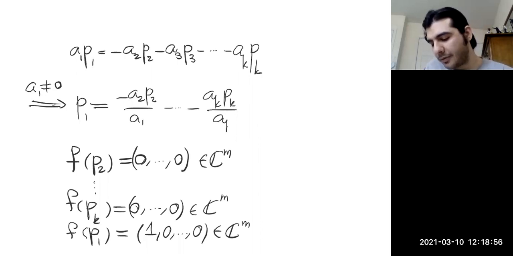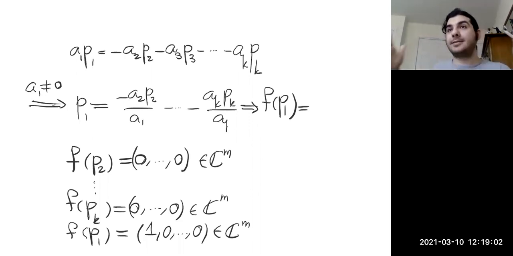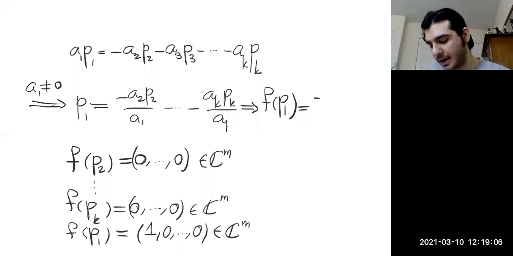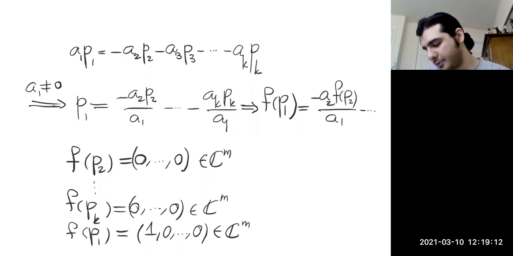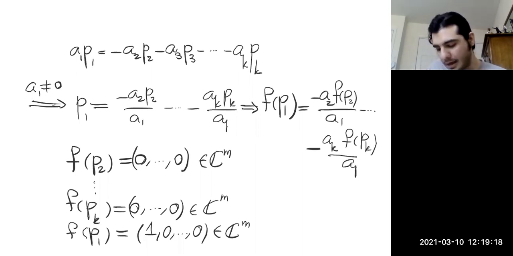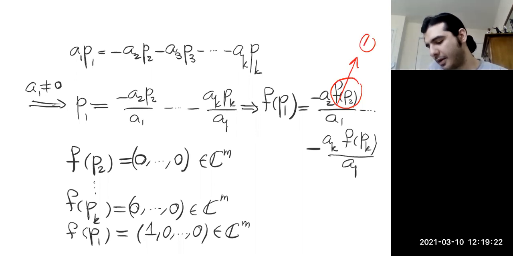Because if I apply F here, on the left-hand side, I have F of P1. On the right-hand side, because we want it to be linear, it would be equal to minus A2 F of P2 over A1, minus up to Ak F of Pk over A1. Now, F of P2 is 0, F of Pk is the vector 0.